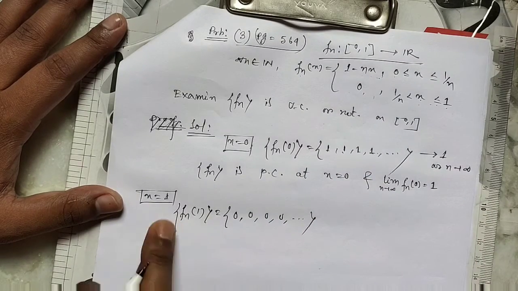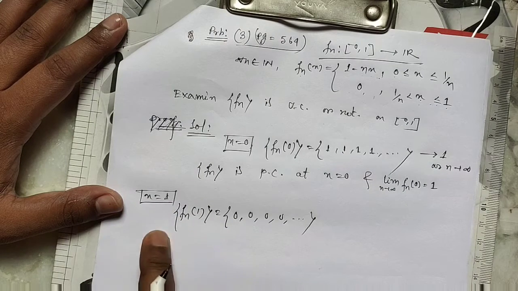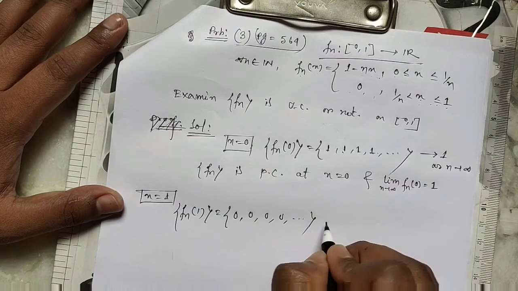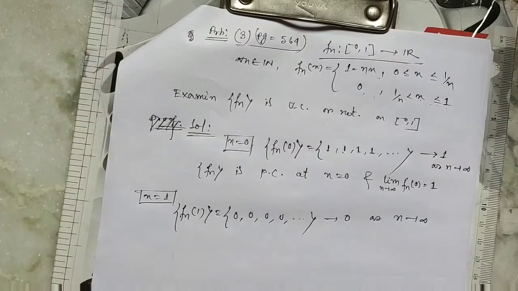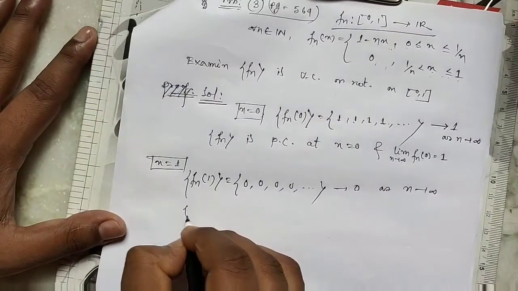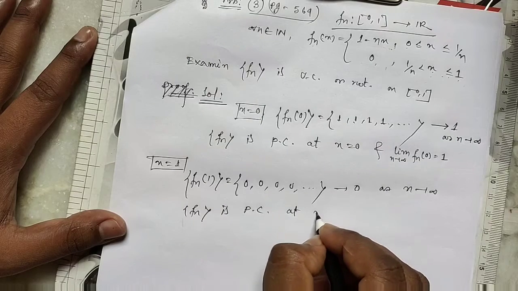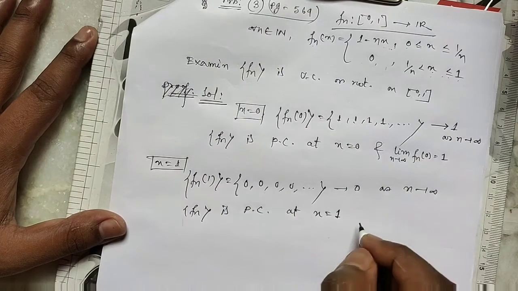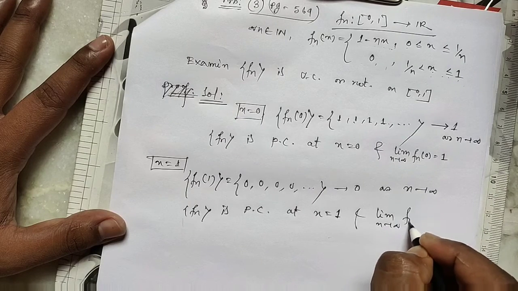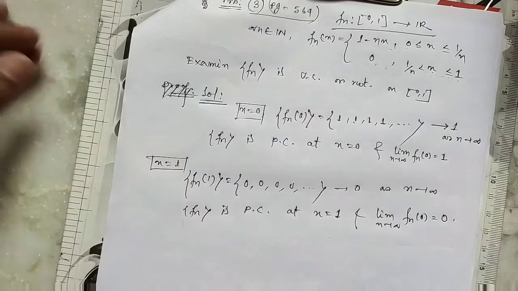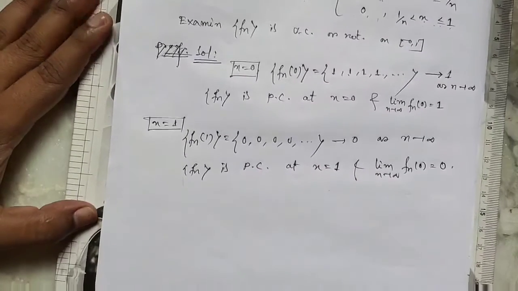So f1(1) is 0, f2(1) is 0, f3(1) is 0 and so on. This real sequence converges to 0 as n tends to infinity. Clear? So the sequence of functions is pointwise convergent at x equal to 1, and the limit is 0.